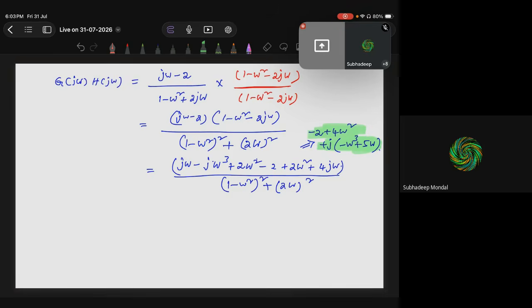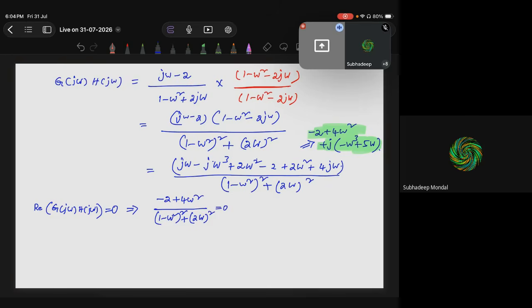Now let us take this one. The real part of G of j omega H of j omega. What is the real part? Make it equal to 0. We want to check the real part is 0, meaning we want to see what is happening on the imaginary axis. So what is the real part here? The real part in the numerator is minus 2 plus 4 omega square, divided by (1 minus omega square) whole square plus 2 omega square, equal to 0.